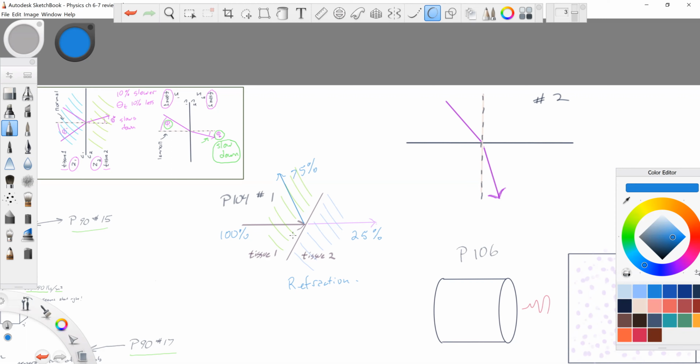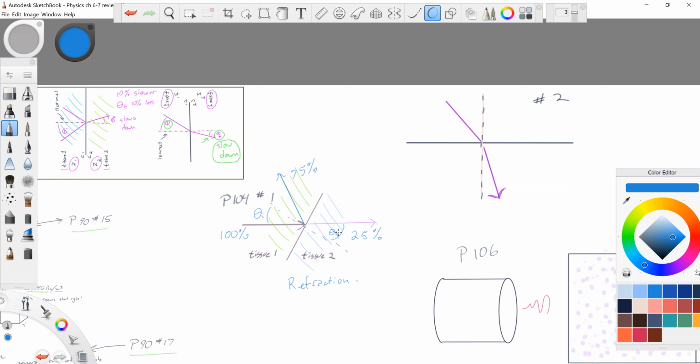Apparently there's a sidewalk sale. Okay, let's just draw the normal in. How would I do that? So the normal would be here, and that would be the incident angle. And here is the transmitted angle.